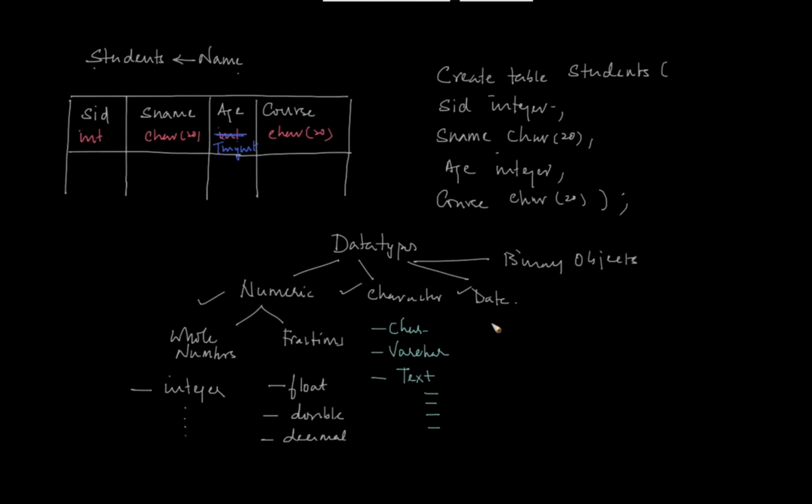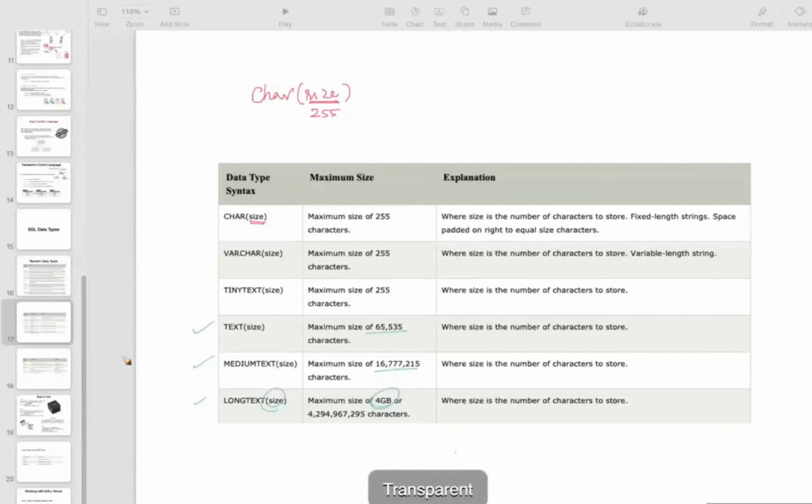Then one of the most frequently used data types is the date type of data. Here we can store date, we can store time, so date and time.